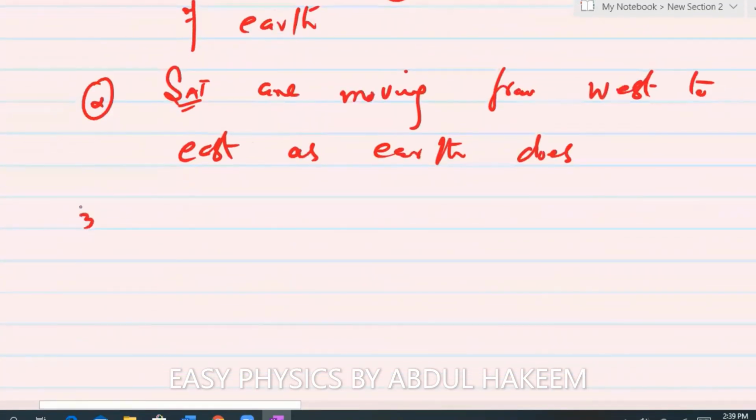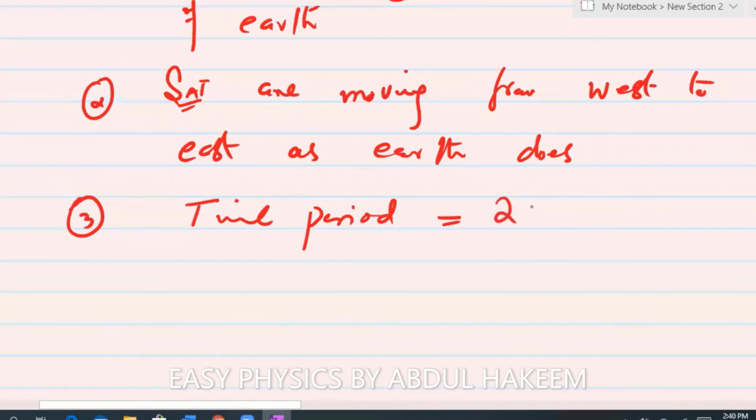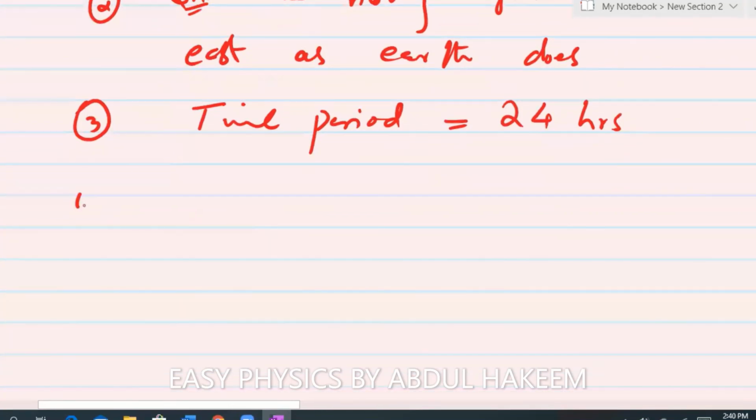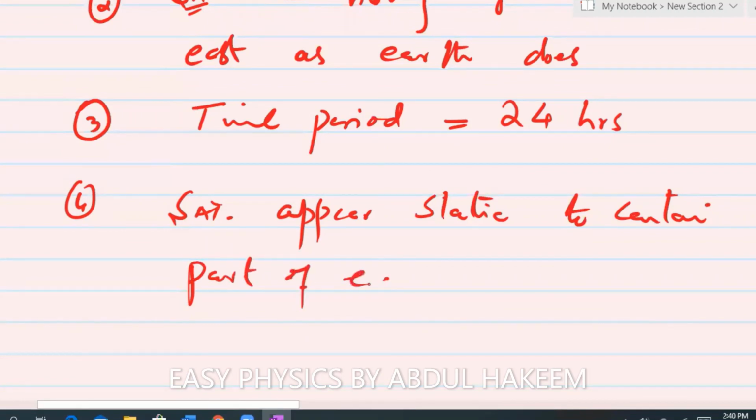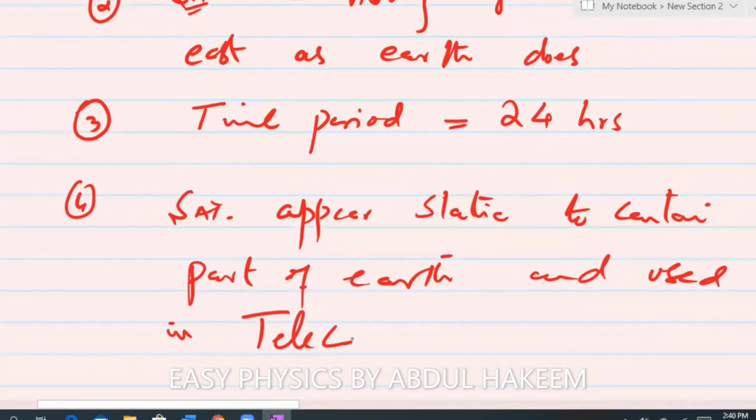Number 3, the time period of the satellite is exactly equal to the time period of the Earth. Number 4, satellites appear static to a certain part of Earth and are used in telecom.